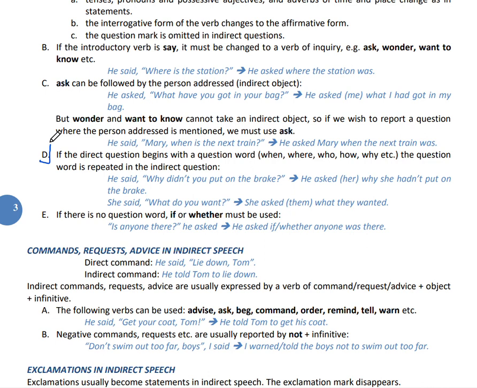And in indirect speech, it goes, he asked her why she hadn't put on the brake. Great. And now, she asked, "What do you want?" And in indirect speech, it is said as she asked them what they wanted.